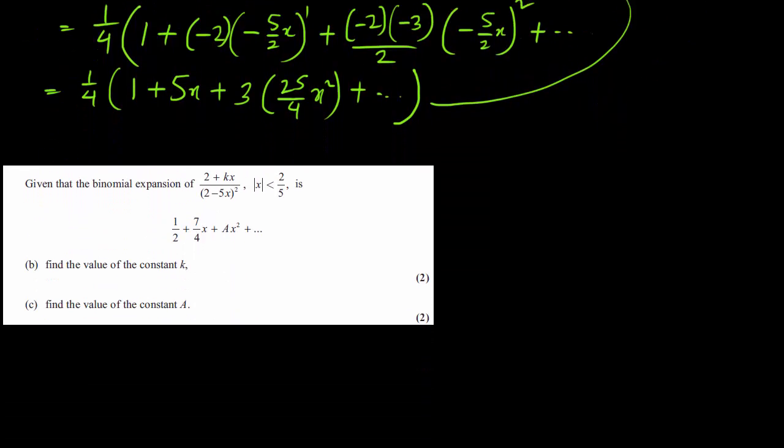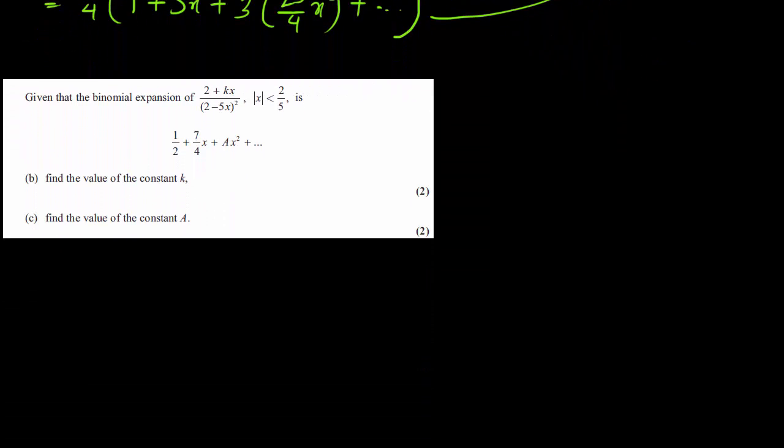Now this question has another part where we have to do some sort of an expansion. Remember, in binomial expansion, we don't have any division, we have multiplication. So when they say, given that the binomial expansion is this, what it means is that we have to do a division. That means we can write it as (2 plus kx).